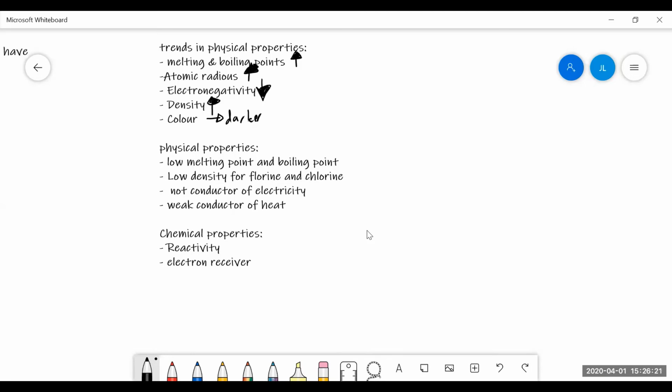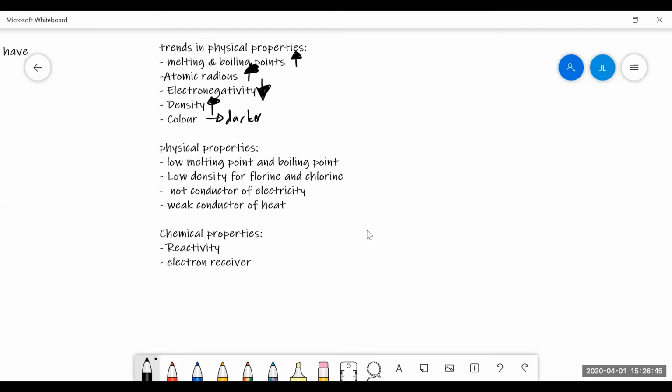Now, as we move down the period, what happens to reactivity? Anyone? What's the question again?